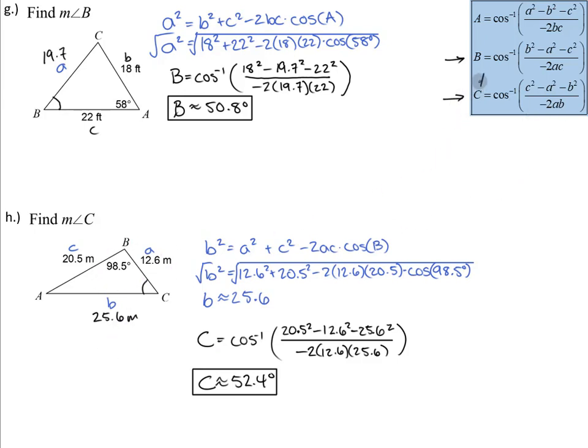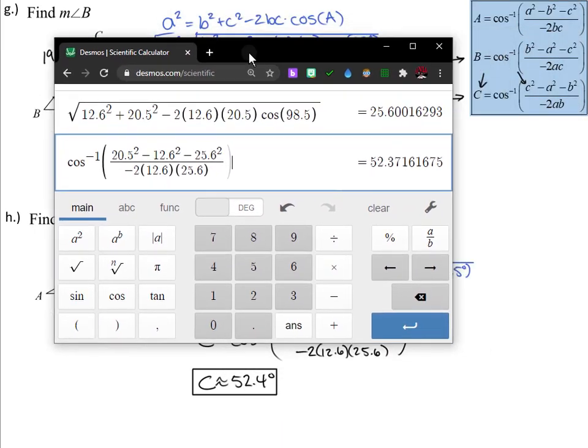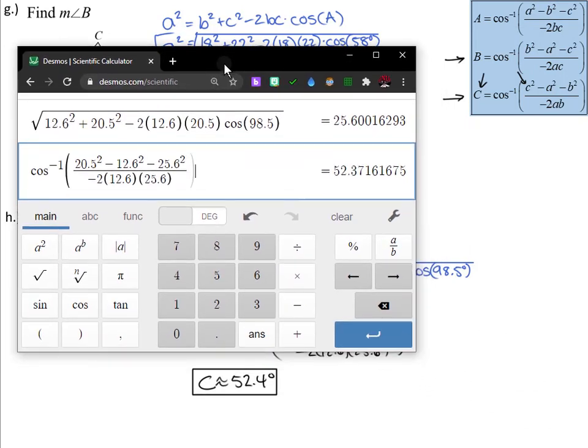But for finding the angle at C, it starts off with the side length opposite it squared minus the square of the other two lengths, and then all divided by negative 2 times the other two lengths. All of that inside of our arc cosine. So here's the Desmos to double check both the length of 25.6 and the angle of 52.4 degrees for our final angle.